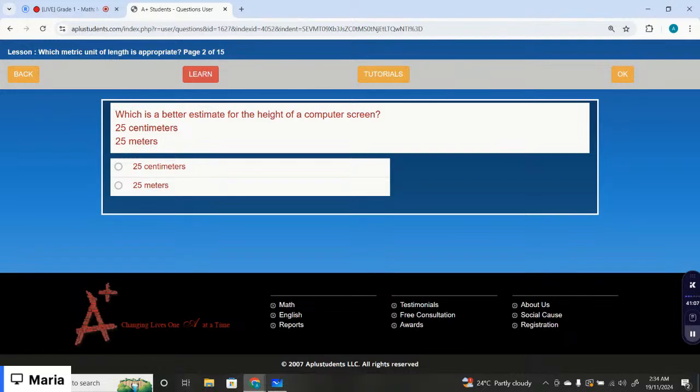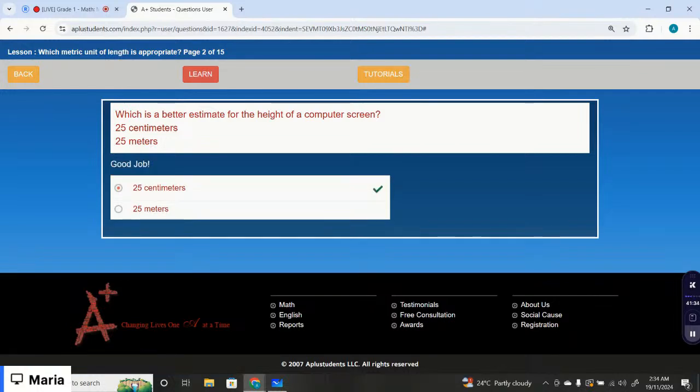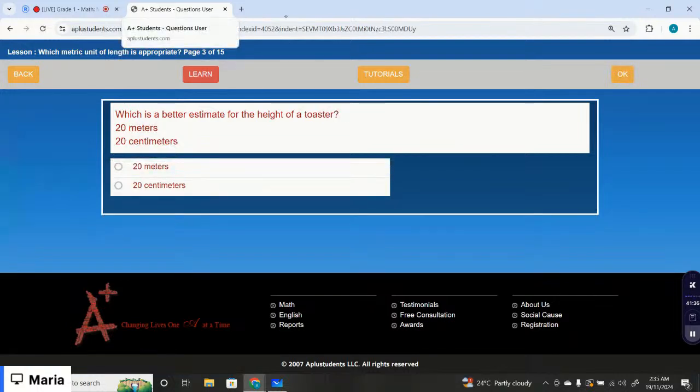Which is the better estimate for the height of a computer screen? Computer screen, so it must be 25 centimeters because meters are too long for the computer screen. Yes, that is the last one for today.